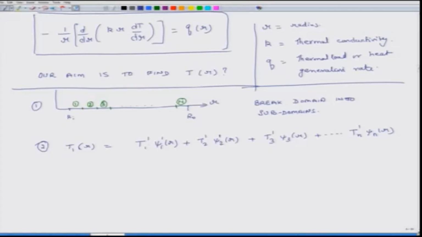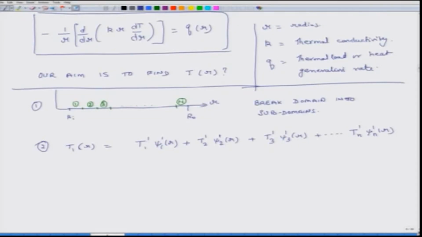Before I explain what all this means, I have a bunch of T's and a bunch of psi's. The superscript of T, and also the superscript of psi, designates the element number, because this is the terminology we will follow consistently through the course. This is important, we have to get it right.